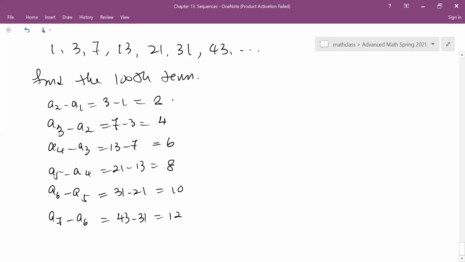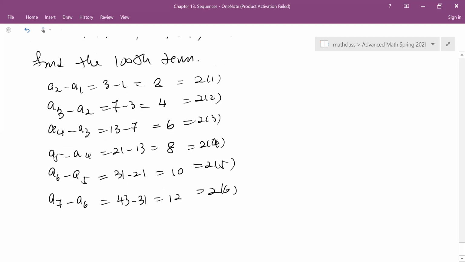So clearly these are all the even numbers. Each time, it's 2 times 1, 2 times 2, 2 times 3, you take the factor of 2 out. 2 times 4, 2 times 5, 2 times 6. So clearly, a_n minus a_(n minus 1) is going to be 2 times (n minus 1).